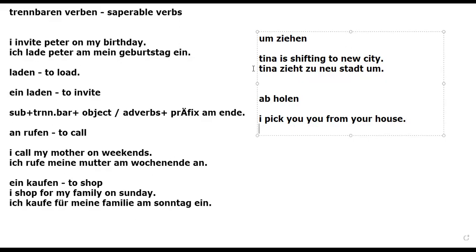Okay. We can only make present tense sentences. We can't say it in the past. We can't use any future tense in A1. Okay. I pick you from your house. Manju, try. Yeah.